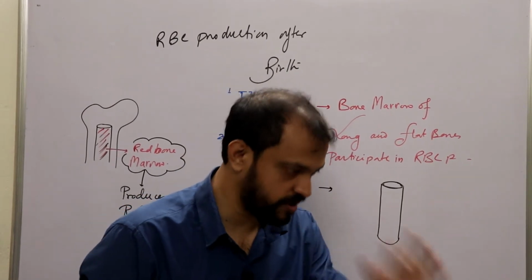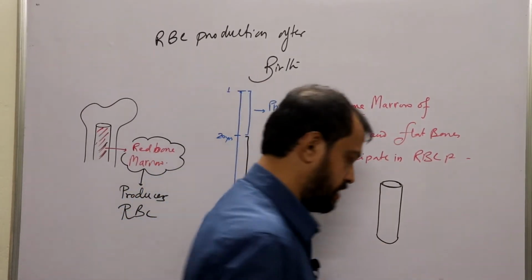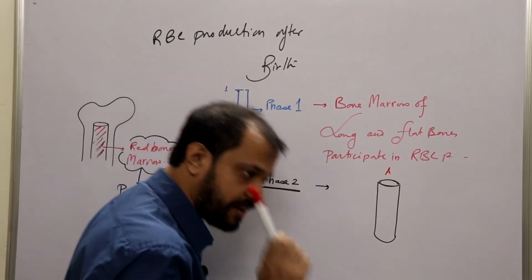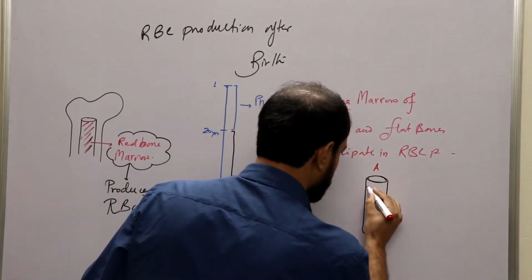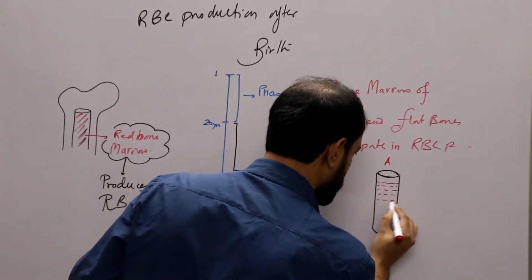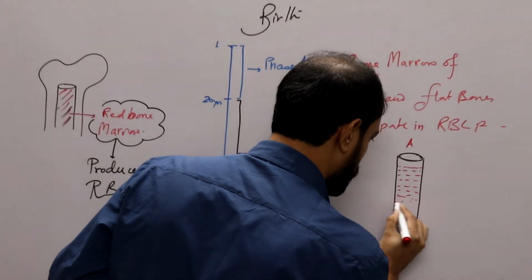Now listen with all your attention. Suppose he is person A, and I have taken all his red bone marrow here. Suppose this is the whole of his red bone marrow.